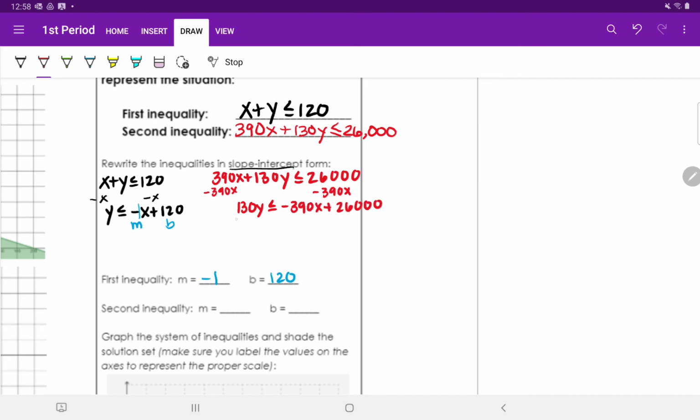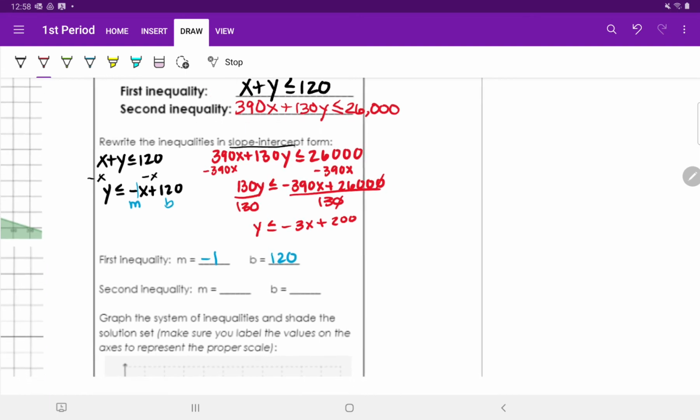And calculator time. We'll divide both sides by 130, which will give us y less than or equal to -3x plus, let's see, 200? I certainly hope that's right.